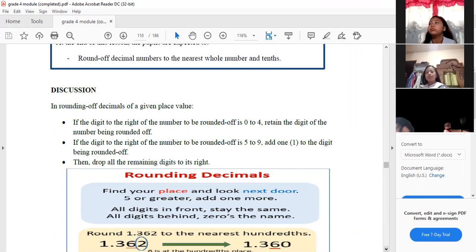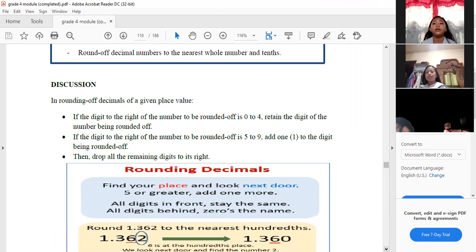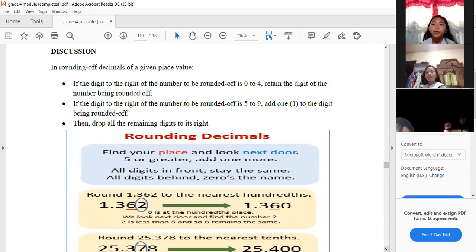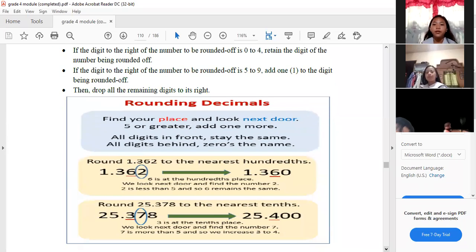If it's 5 or higher, add 1. If it's 4 or lower, it will become 0, it will disappear.